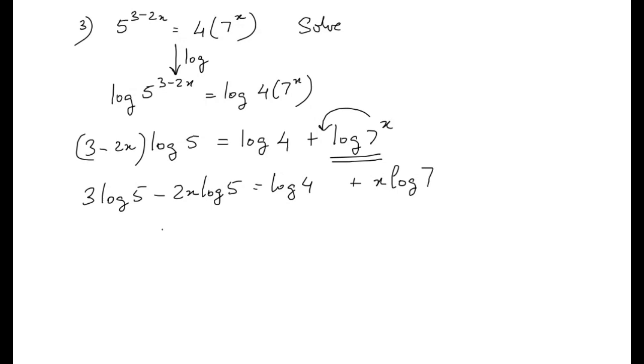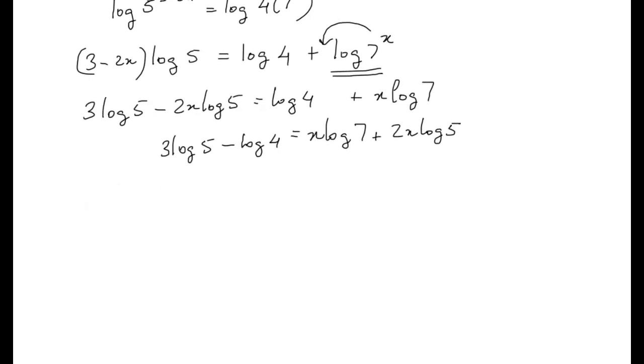So we have 3 log 5 minus log 4 is equal to x log 7 plus 2x log 5. Okay, I'm going to do two things now. On the left side, I'm going to combine the two logs.